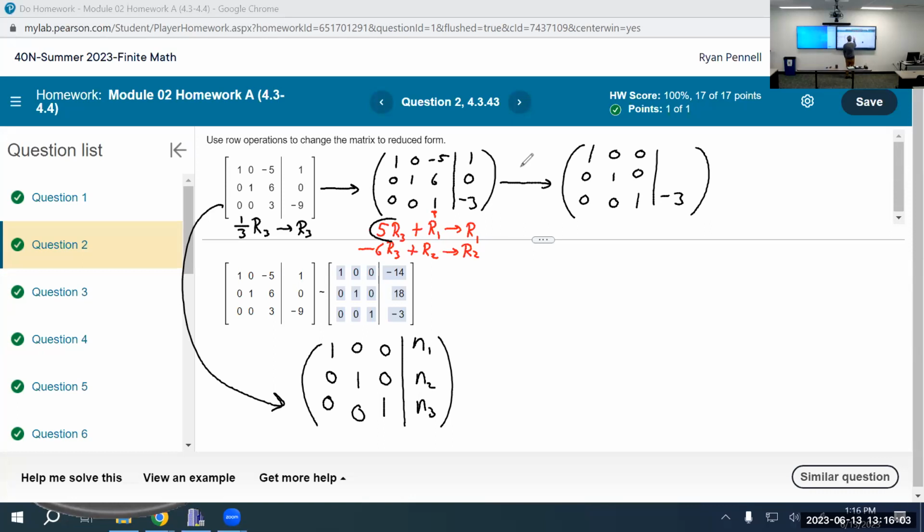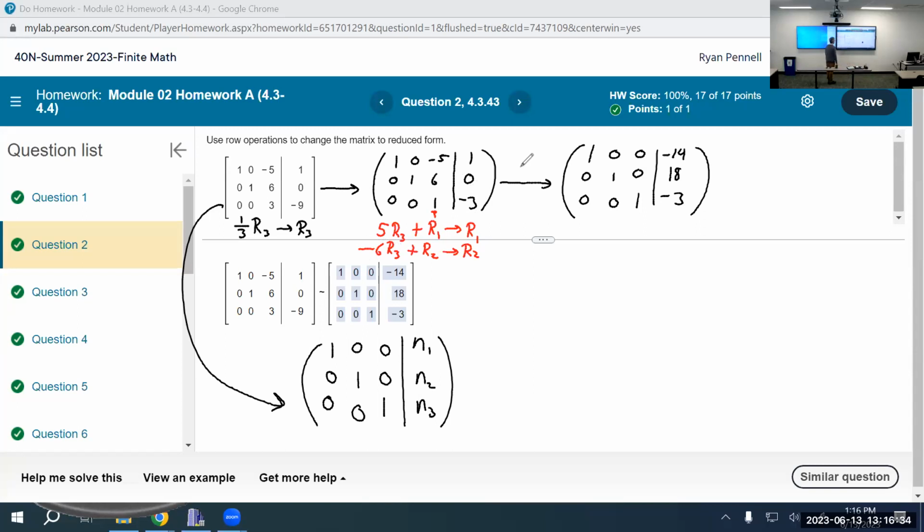We have 5 times row 3, so that's -15 plus 1, -14. It is. Okay, and then -6 times row 3, it's +18. 18 plus 0 is 18. So I think this is 18.